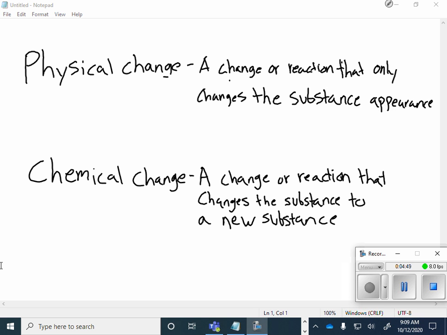Braxton? Yes, very good. Yeah, the chromium oxide, or there's some type of chromium oxide. You're right. That was a chemical change. That little volcano thing that they did, chemical change, you can tell because its appearance changed quite a bit and it was a new substance.